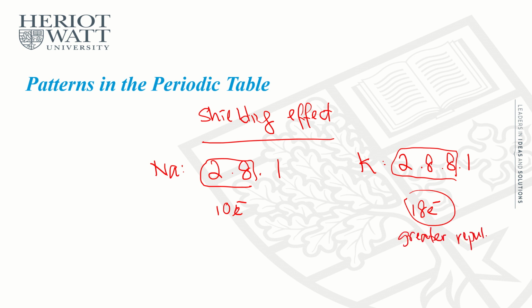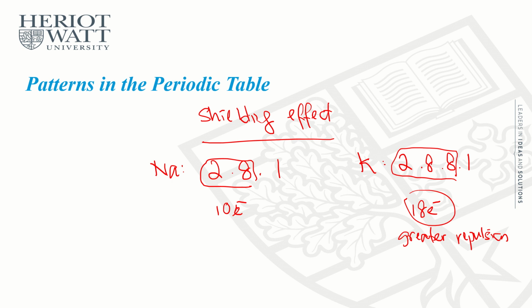This one should have greater repulsion. And why is there repulsion? Because electrons are negatively charged, and when you put them together, whether there is a distance between them or they're in the same shell, they still give repulsion. So when you have more electrons, it will definitely give you greater repulsion. Now, what happens to the shielding effect when repulsion increases?